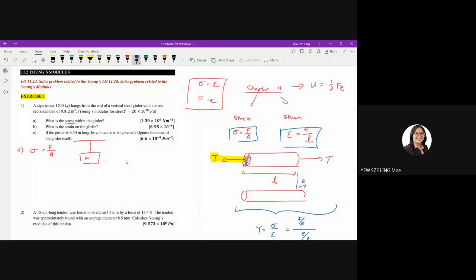First of all, let us begin with a diagram, a free body diagram for this object. Now we have a W going downwards, and then we have a tension T going up. And then, according to the question, what you want to calculate is the stress within the girder, which means inside the string.